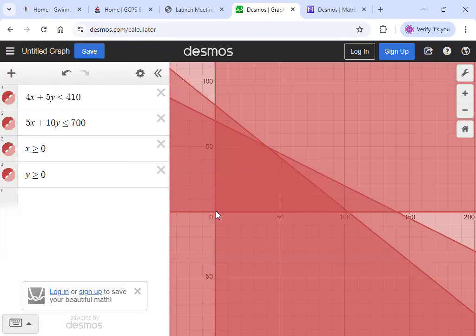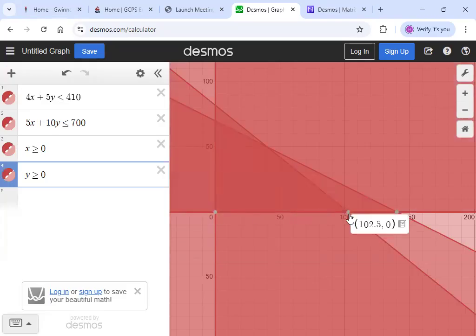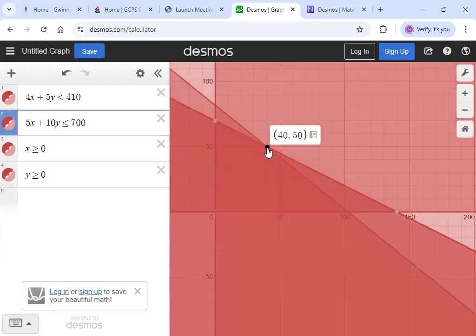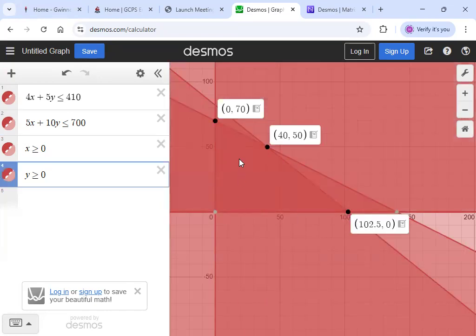Again, because we're maximizing profit, we're not going to use 0, 0. That would be a waste of time. But we have 102.5, 0 as a vertex. And then this one, just outline that dark area: 40, 50, and 0, 70. So I'm going to use those 3 points that we see here. And you're just outlining that dark area right there. And then that's what we're going to plug into our objective function.